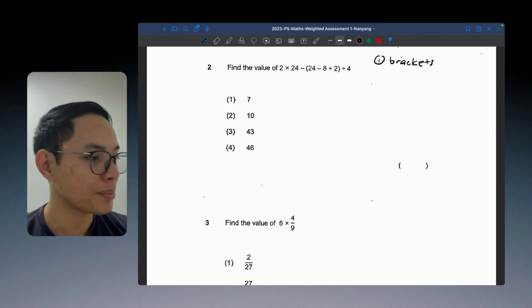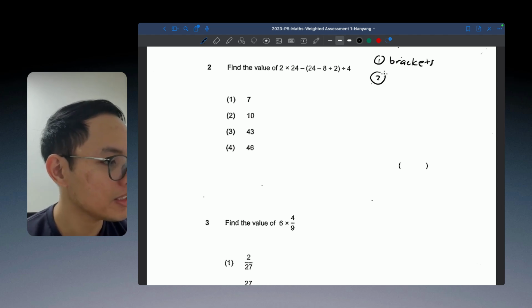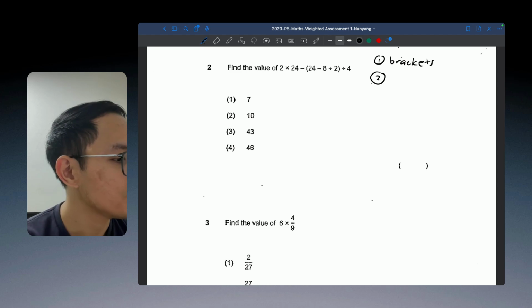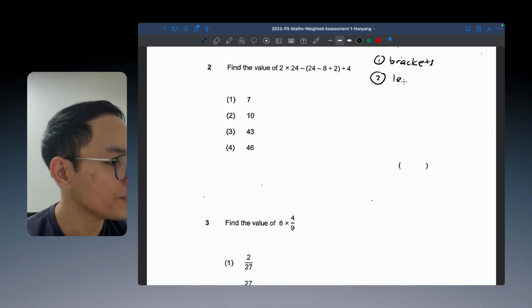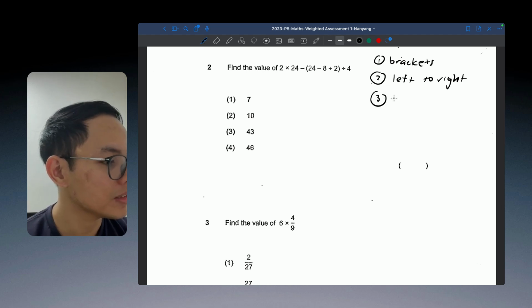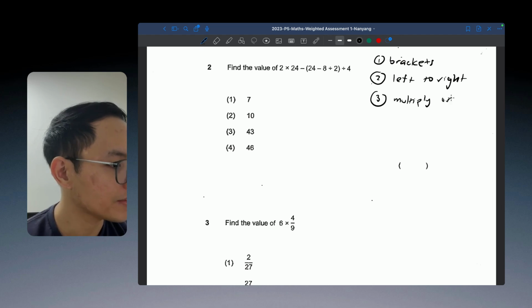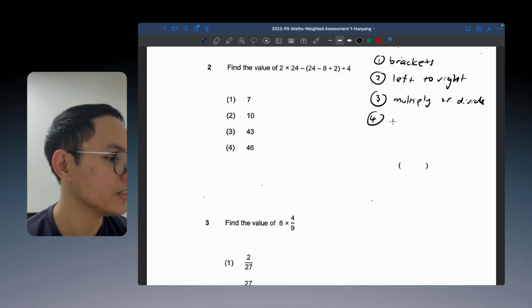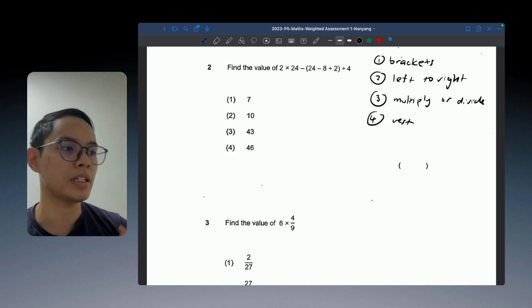Number 2, whether inside or outside the brackets, you always go from left to right. Number 3 is multiplication or division. Then number 4 is the rest, where you minus or plus and so on.